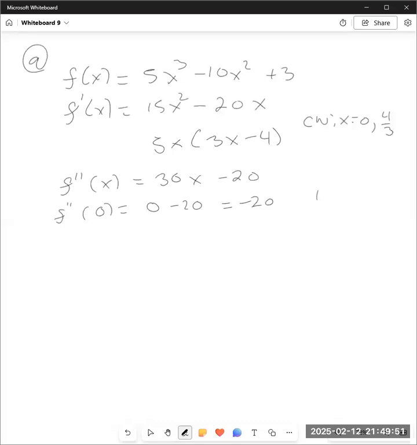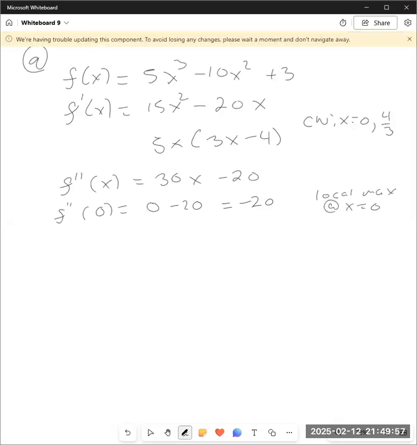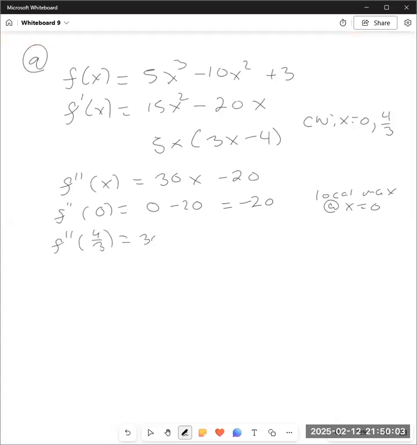So there's a local max at x equals 0. f double prime of 4/3 is 30 times 4/3 minus 20, which is 40 minus 20, which is 20. So there's a local min at x equals 4/3.